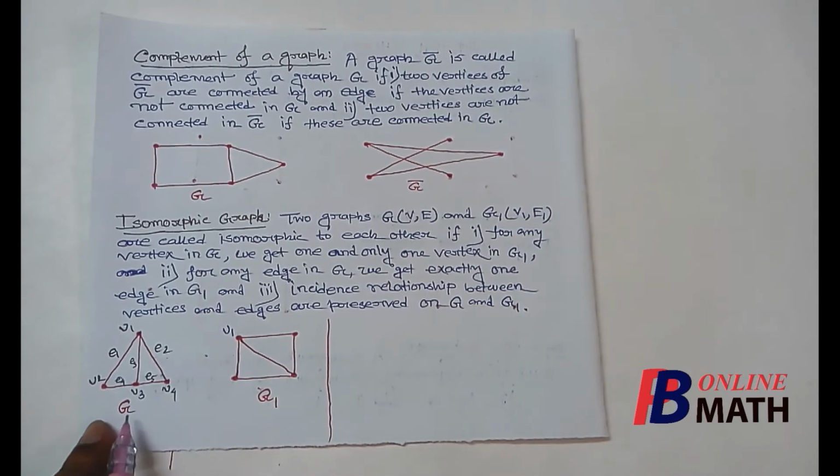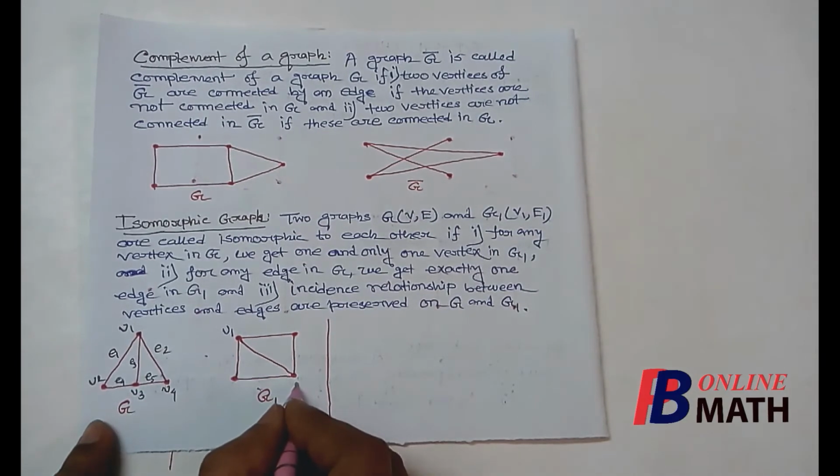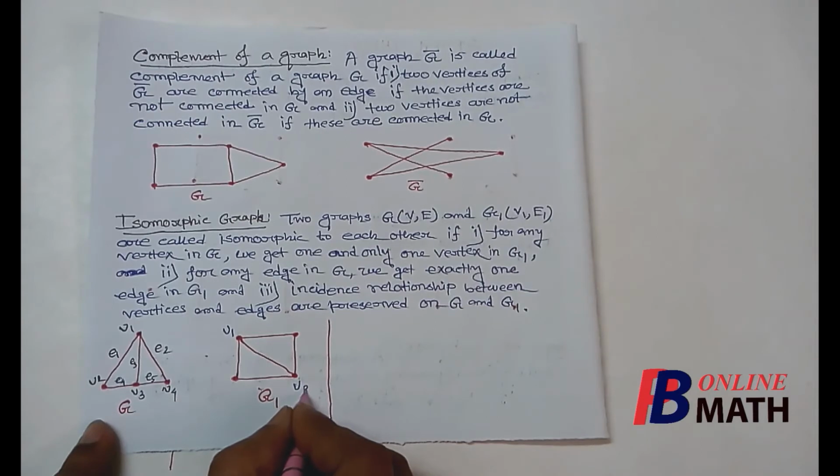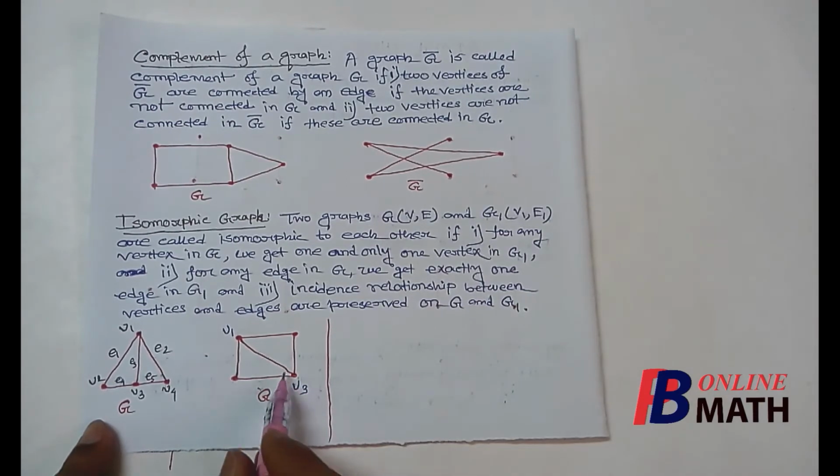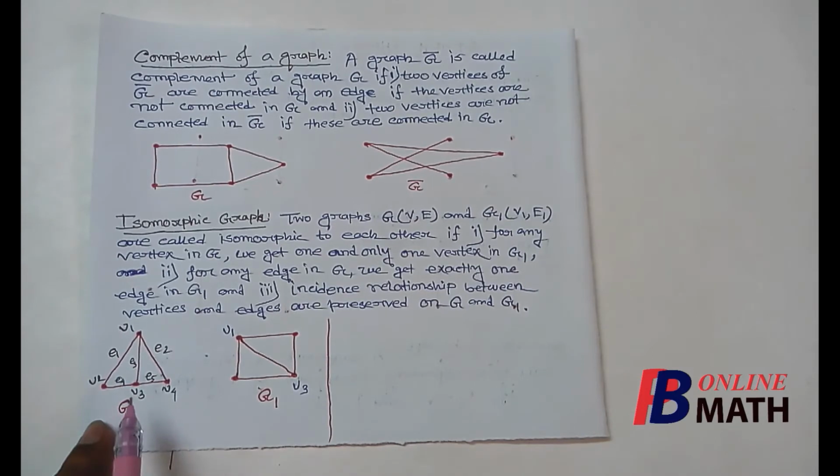Now in G there is one more vertex V3 with degree 3. So we can assume that this vertex is V3 because it has degree 3. Next we have two more vertices, which are V2 and V4.